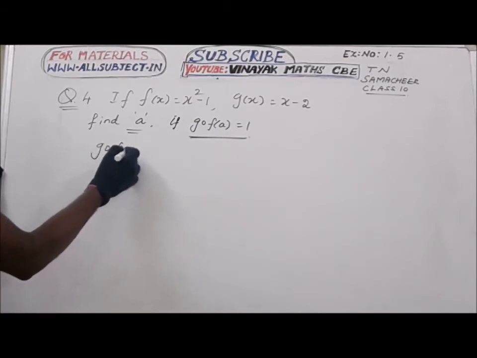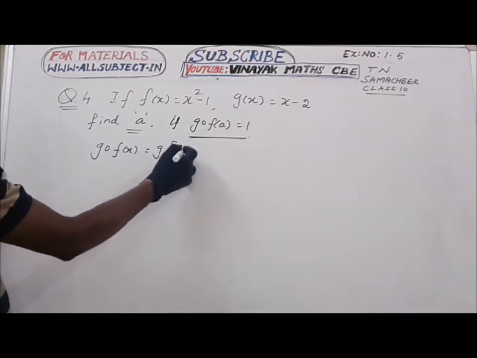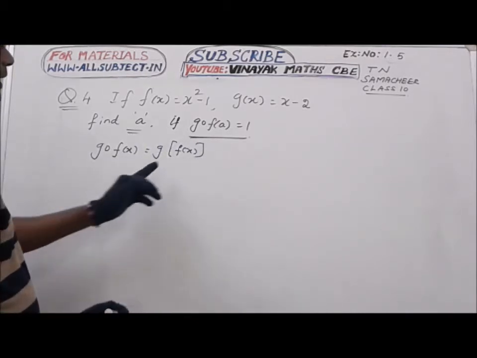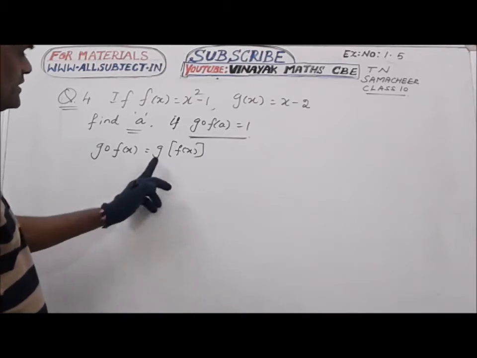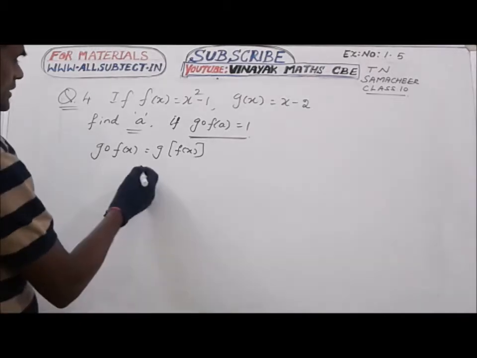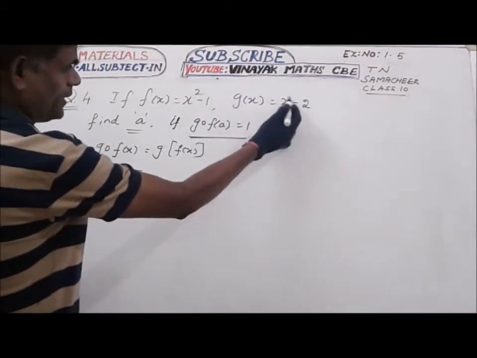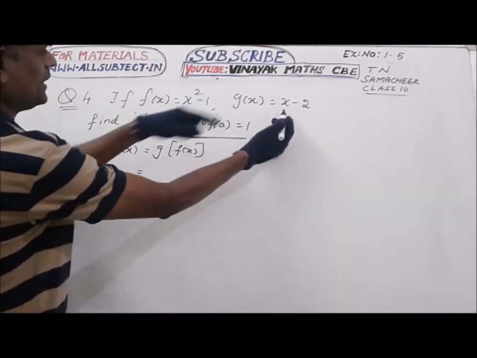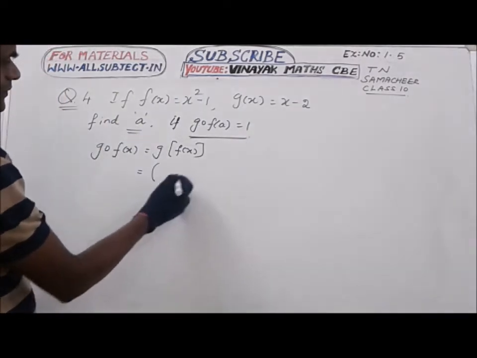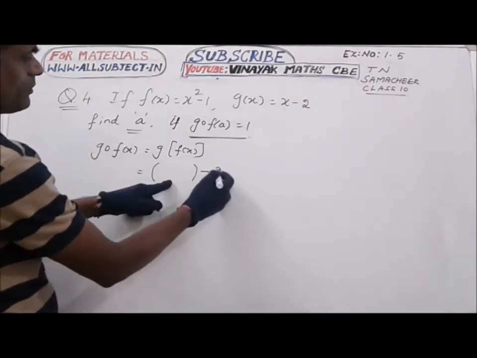g composition f of x, g of f of x, means replace all x in g by f of x. In g of x, replacing x by f of x value, that is equal to open a bracket for x, remaining is minus 2.